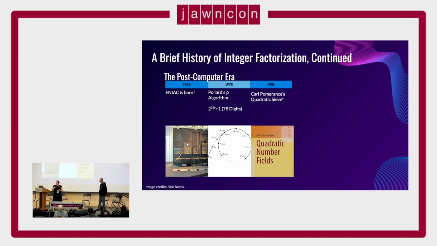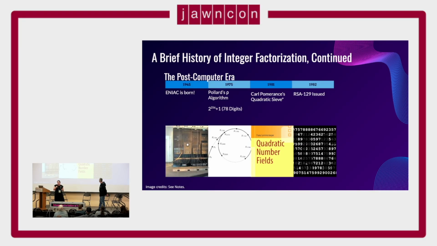And then in 1981, there was a huge development. This guy called Carl Pomerance developed the Quadratic Sieve. And as soon as we stepped into more number theory with the Quadratic Sieve, the gates went wide open. And his paper is actually what's going to motivate most of the talk today.